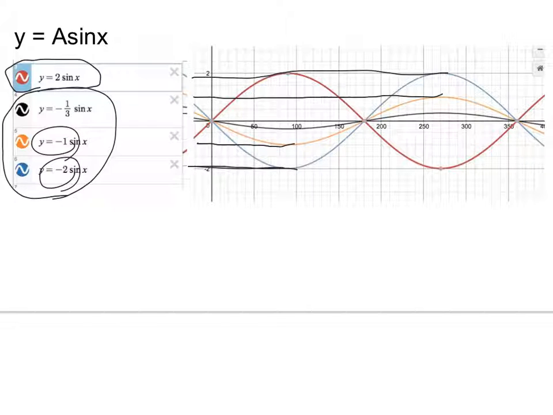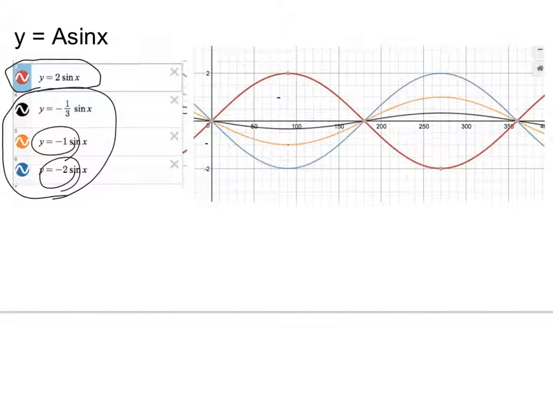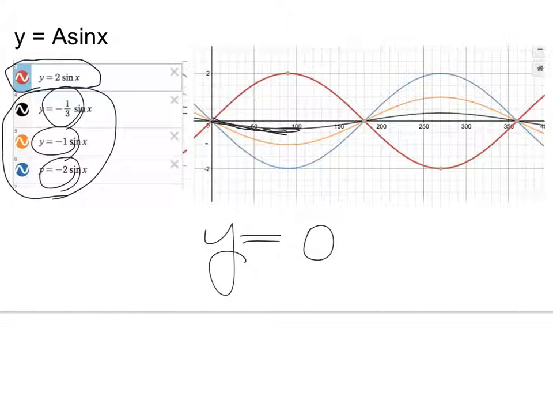See how the amplitude affects what we're doing. And remember, the amplitude is the distance between the midline and the maximum or the minimum. The midline here is y equals 0. If we look at this one, we have 1/3. So we still start straight down, but our minimum and our maximum are -1/3 and +1/3.